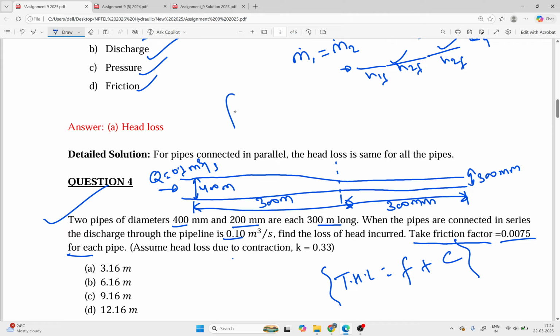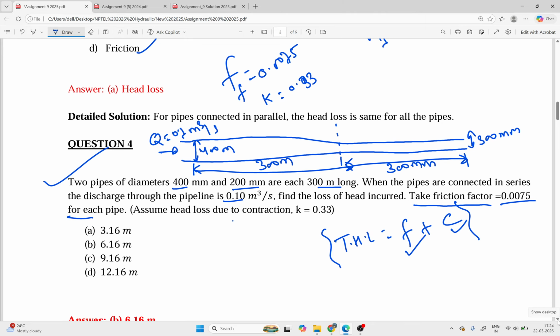Friction factor is given 0.0075. Another K value is given, contraction 0.33. Now your total head loss is nothing but due to your friction as well as contraction.